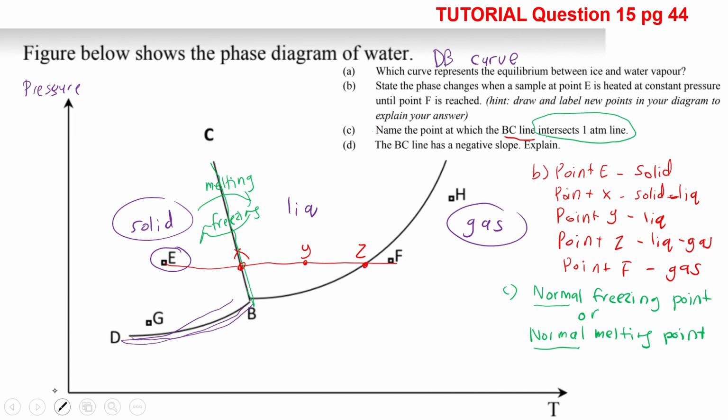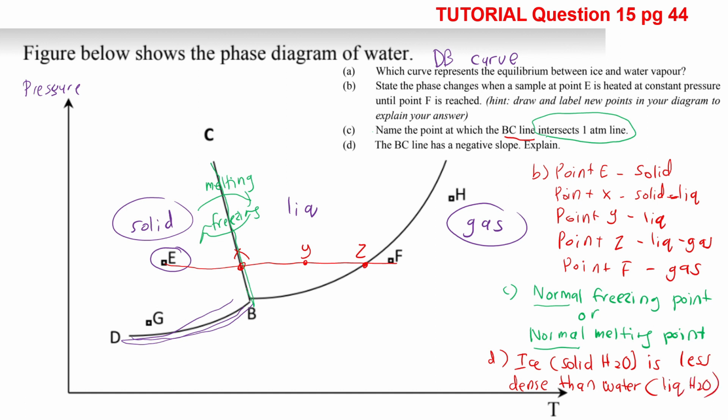Okay, so let's tulis pointnya ialah because of density, ice ataupun solid H2O is less dense, okay, kurang tumpat than water ataupun liquid H2O. Itu saja.